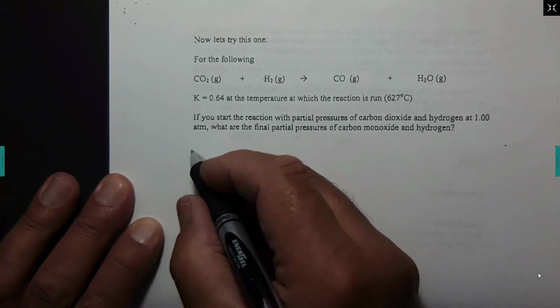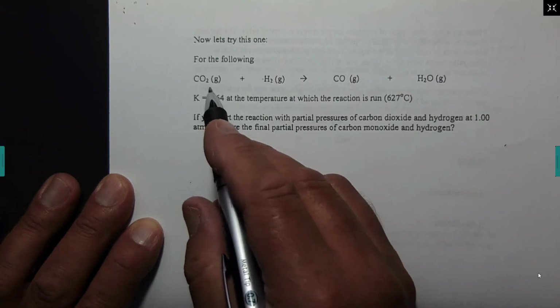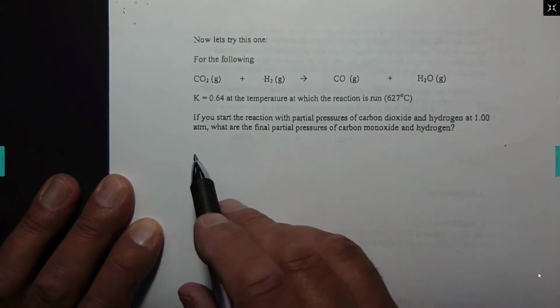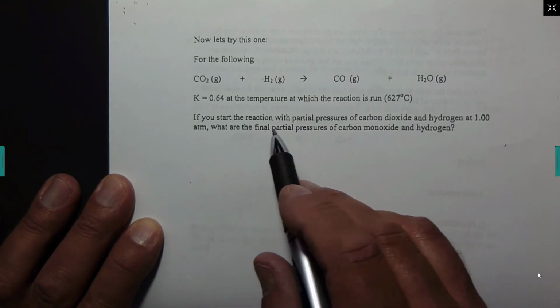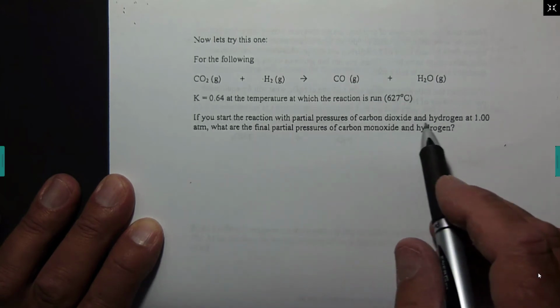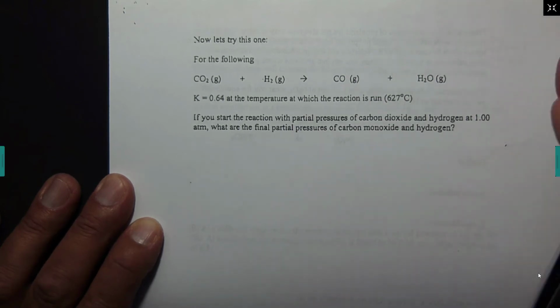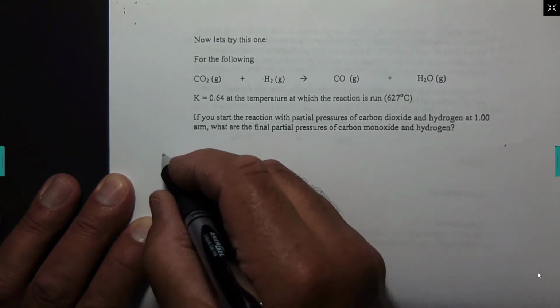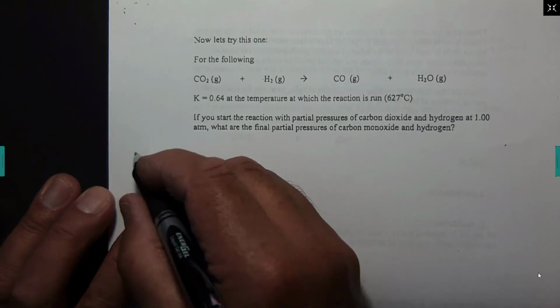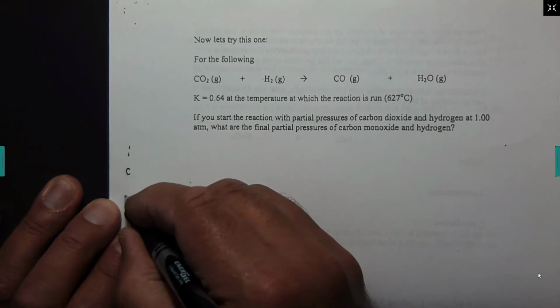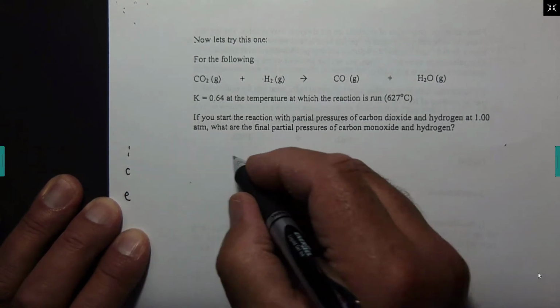It's telling you, you have this reaction here, and gives you the value of K. You're starting with partial pressures of carbon dioxide and hydrogen of 1. I'm not going to walk you through this whole thing, but to start it off, you make your ice table. So you're going to have the initial concentration, the change in concentration, the equilibrium concentration.